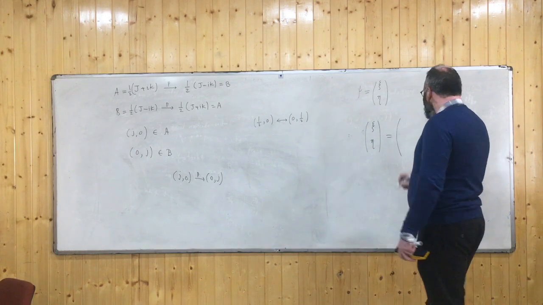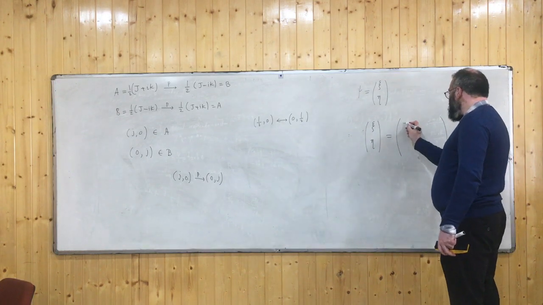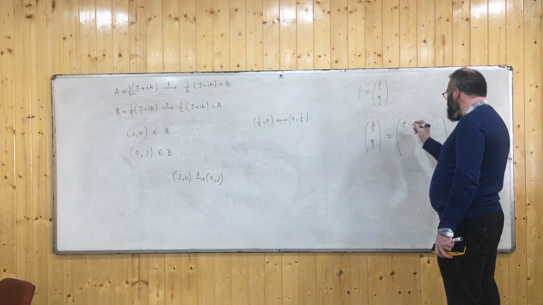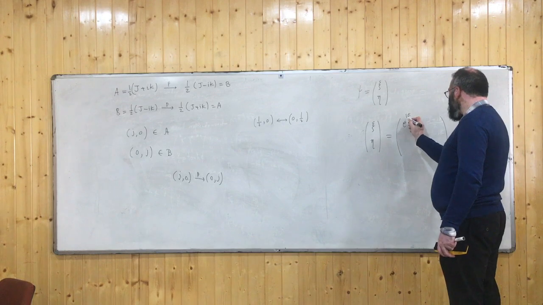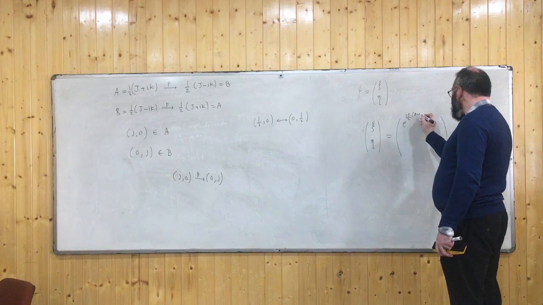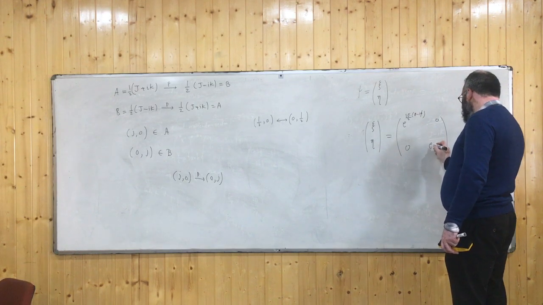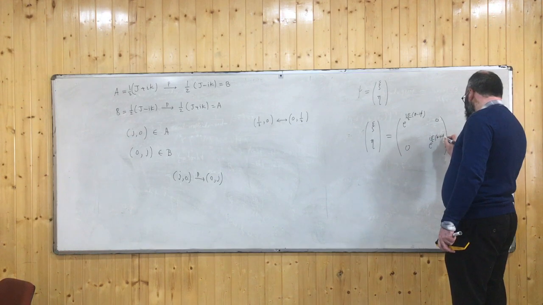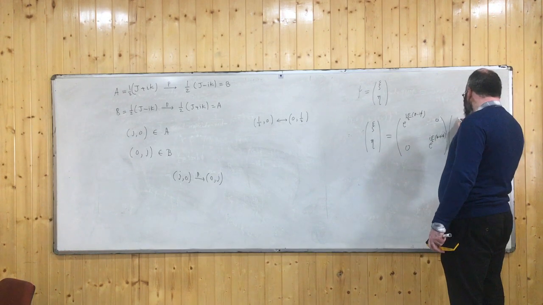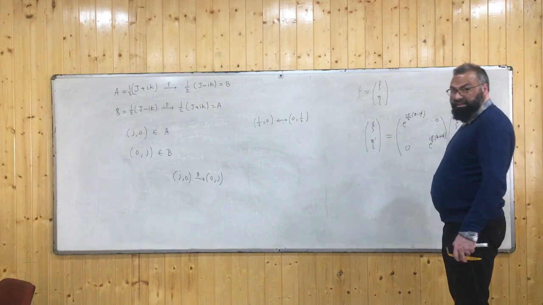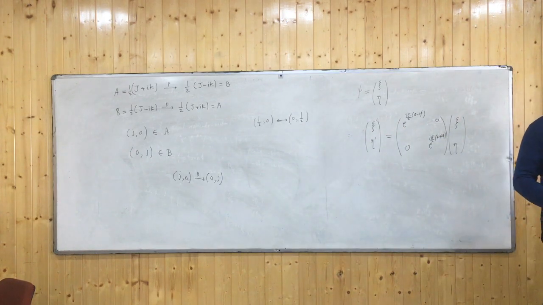Just writing under SU(2) for the time being, it will be e raised to the power i sigma by 2 times theta minus i phi, 0, 0, e raised to the power i sigma by 2 times theta plus i phi, acting on zeta, eta. Sorry, I should put a prime here. Clear? So this is how they transform under Lorentz transformations.